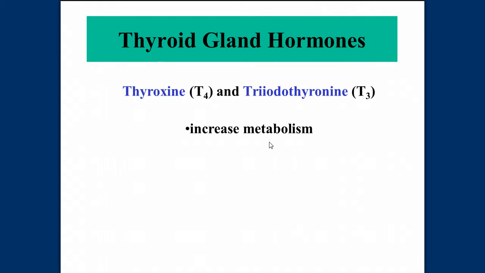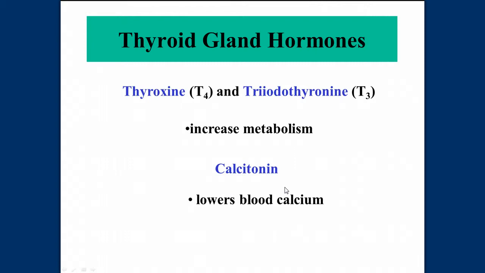So a person suffering from hypothyroidism would be tired all the time, may sleep a lot, may gain weight, and have other symptoms of a low metabolism. It's very important.